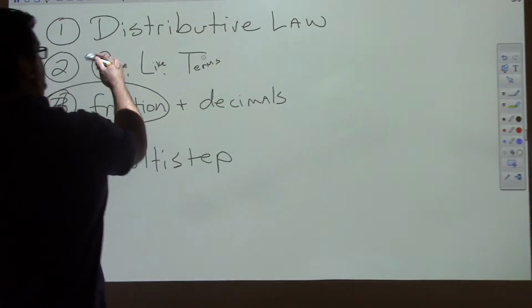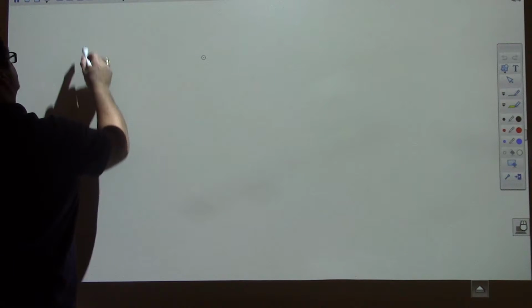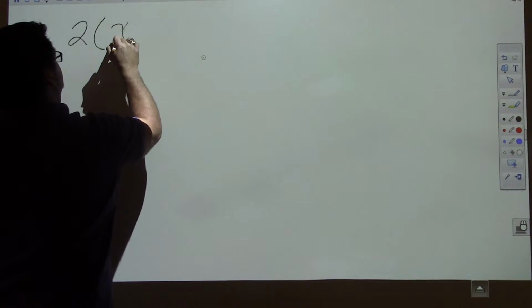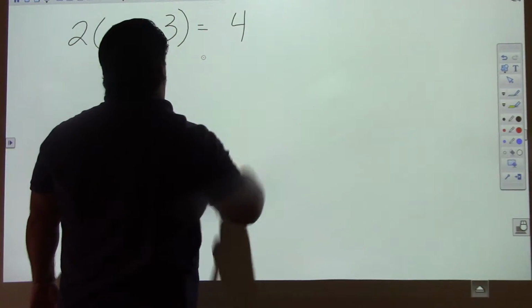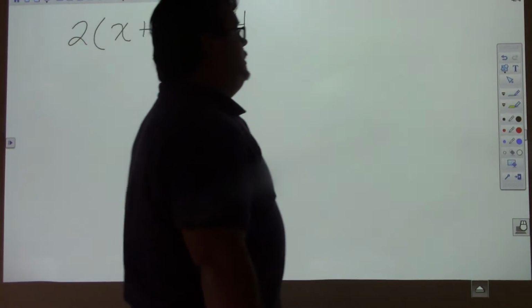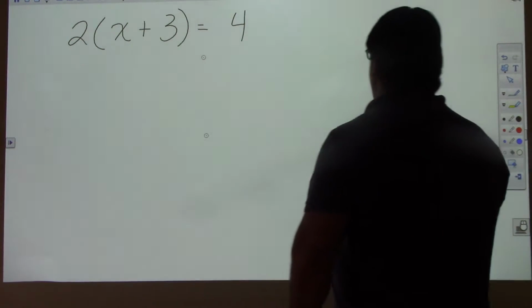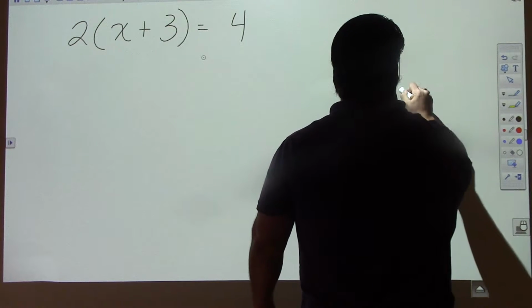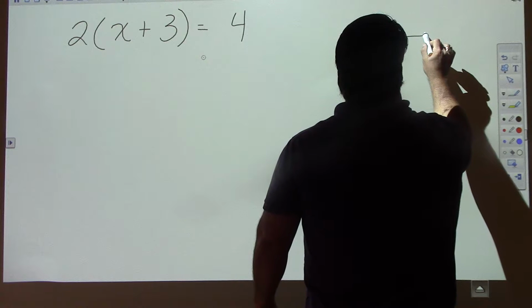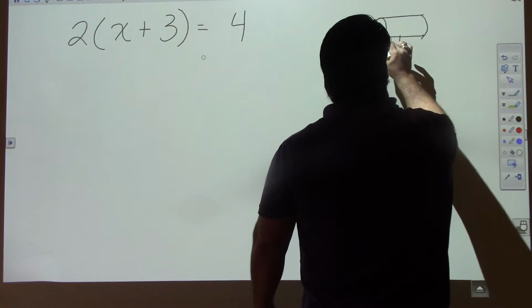Let's take a look at the distributive law. Before we go into distributive law, anybody ever worked with concrete before? Yep. Okay. Let's say you live in an environmentally crazy place where you want to put up a mailbox, but you can't put up the mailbox because you have to dig a hole.